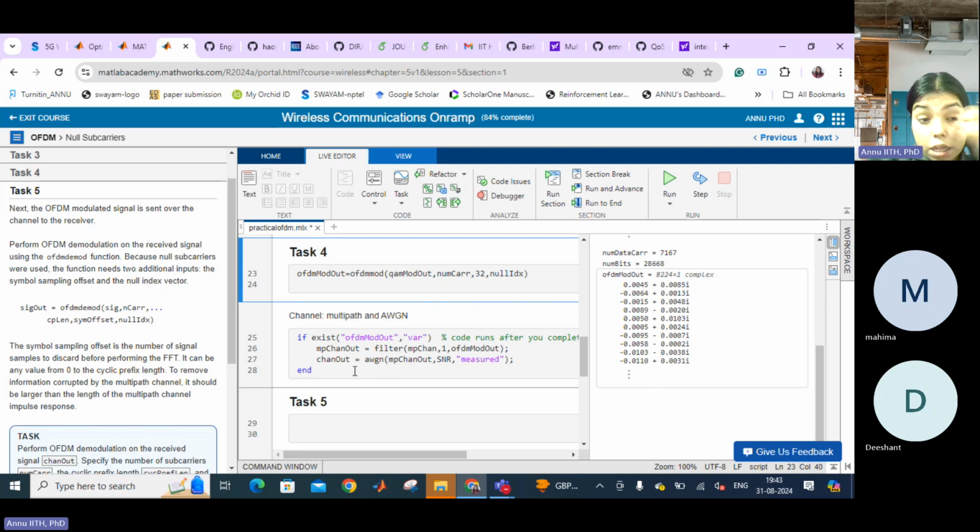Okay. Then we have to perform OFDM demodulation. So to perform the OFDM demodulation on the received signal using OFDM demod, because null subcarriers were used, the function needs two additional inputs. The first one is symbol sampling offset and the null index vector.